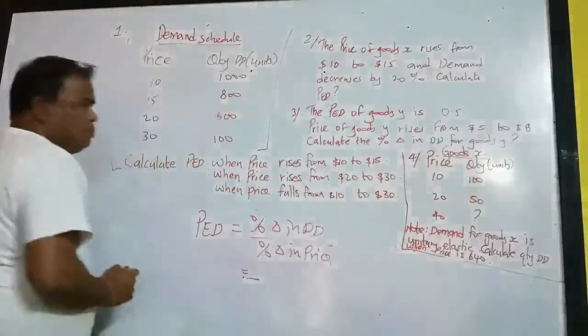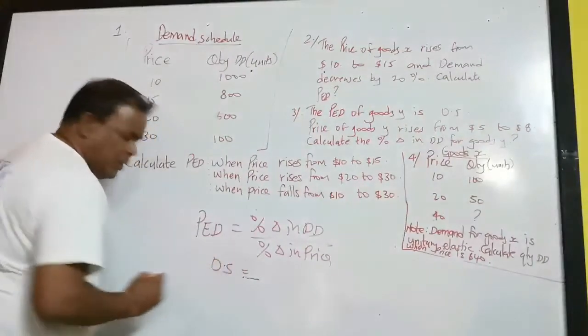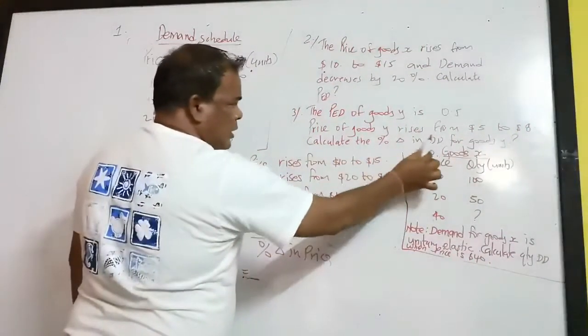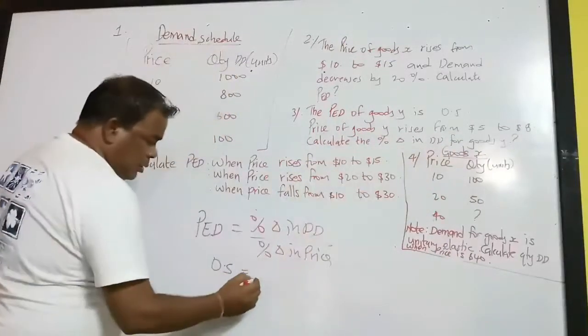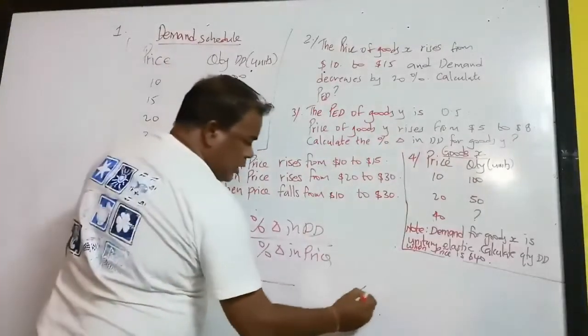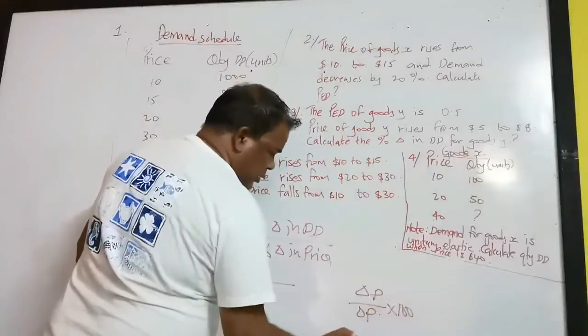Now, price elasticity of demand has already been given, 0.5. Change in demand we don't know, but price has been given. Change in price over original price times 100.